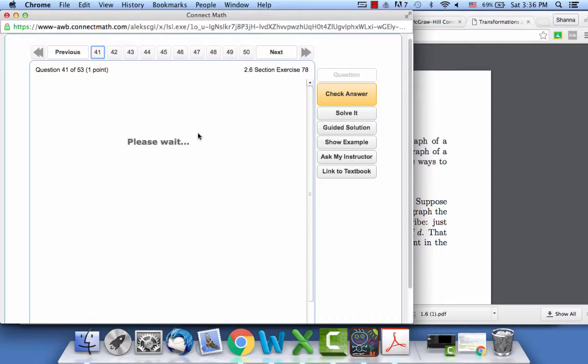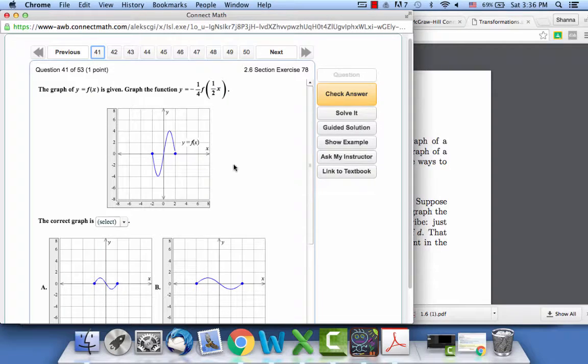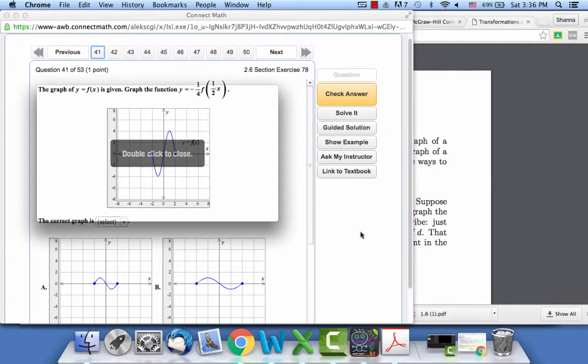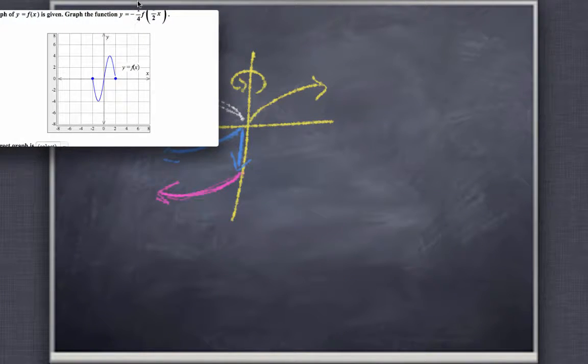Okay, now 41, we're given y. We want to graph negative 1/4 f of 1/2 x. Take this over. Oh, hopefully I can see that. Well, we know that that's 1/4 and 1/2.